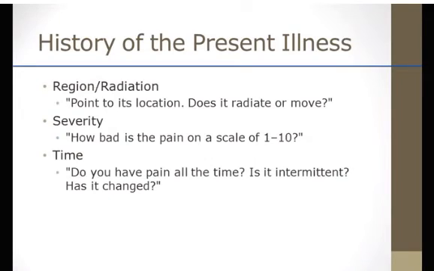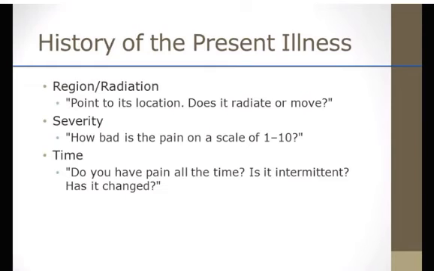So in that region or radiation, where is it, and does it go anyplace else? And then on a scale of, I struggle with this. I always use a scale of 0 to 10, because to me 1 to 10 is inferring that they have pain, one being a little bit of pain. I want to give them the option to tell me that there is no pain.